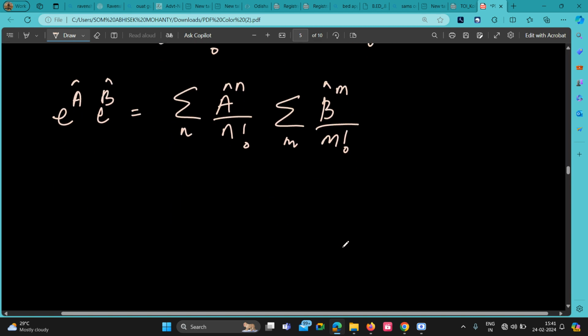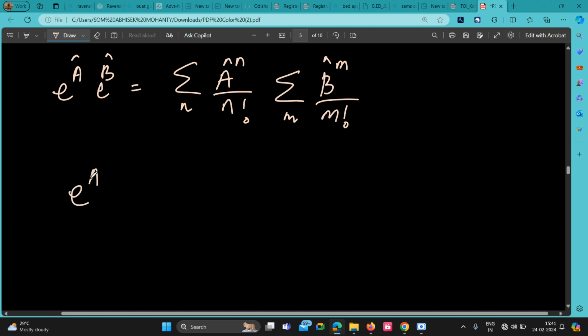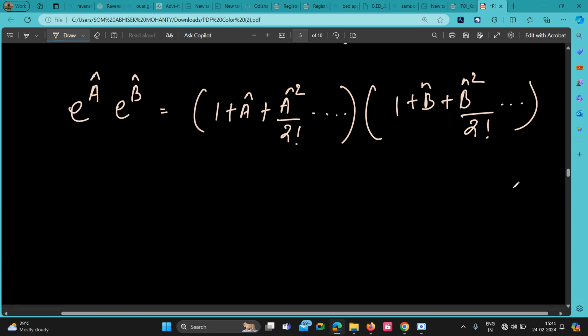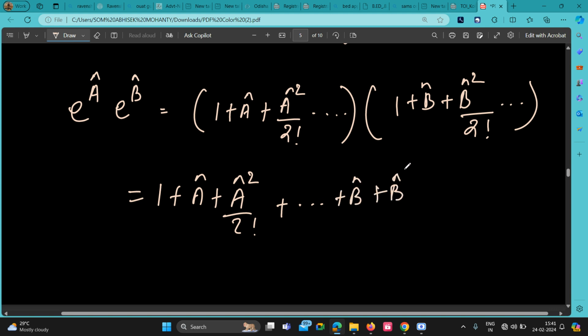So e to the power Â into e to the power B̂ we can write as 1 plus Â plus Â square by 2 factorial dot dot dot, into 1 plus B̂ plus B̂ square by 2 factorial dot dot dot. So we will try to multiply them.